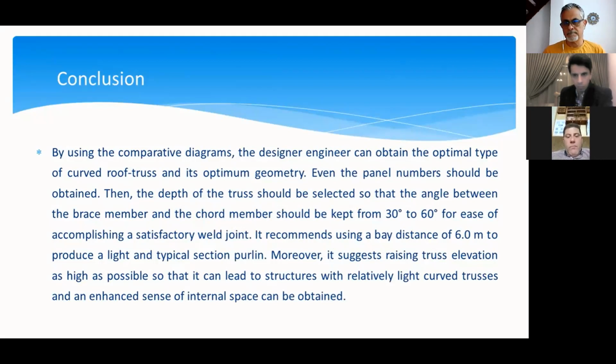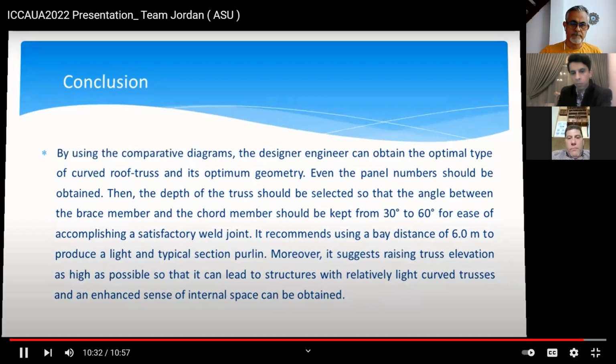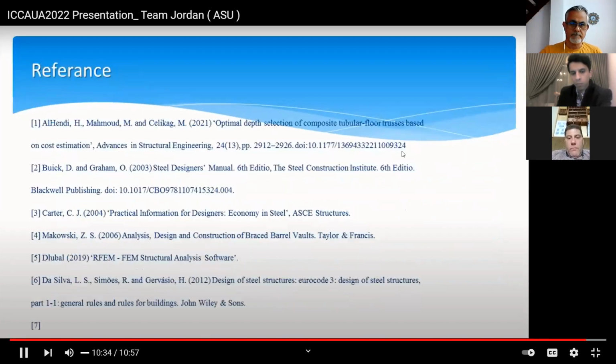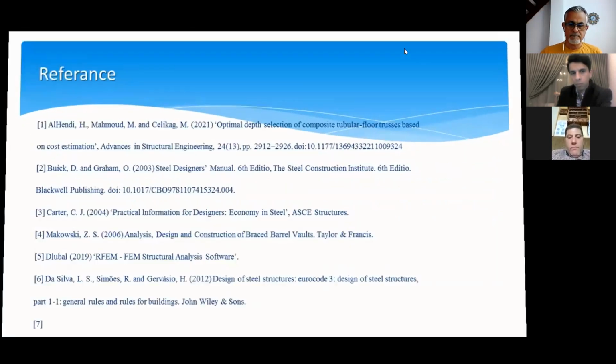It recommends using a bay distance of 6 meters to produce a light and typical section. Moreover, it suggests raising the truss elevation as high as possible so that it can lead to relatively light curved trusses and an enhanced sense of internal space. These are the references. You can find them right here.